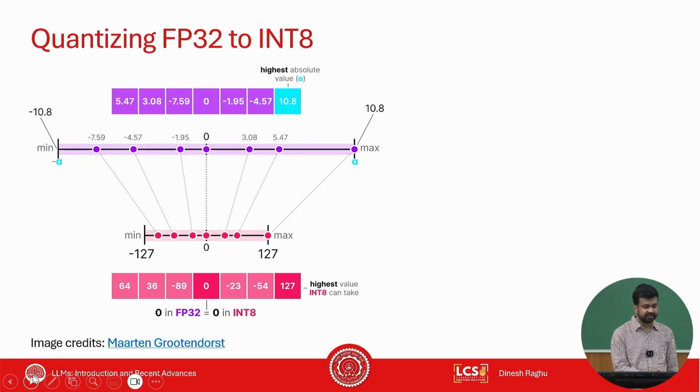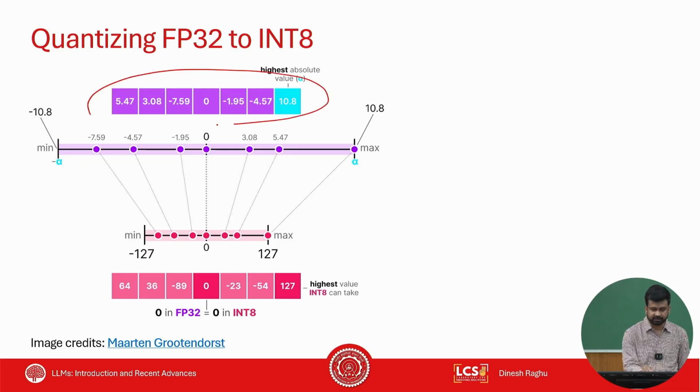This is a very simple way of quantization, which is the simplest of all. Let's say this is the FP32 vector that you have. The first task is to identify the value in this vector that has the highest magnitude. For a given vector, you identify the max absolute number, which is 10.8 in this particular case.